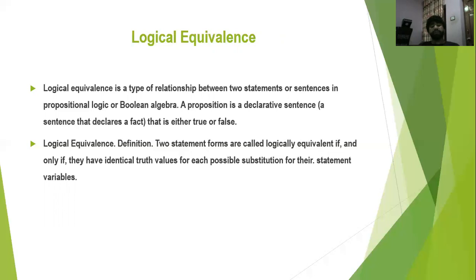Through the help of propositions, equivalence is made like Boolean algebra. A proposition is a declarative sentence, a sentence that declares a fact. It means equivalence can declare a fact which is real.